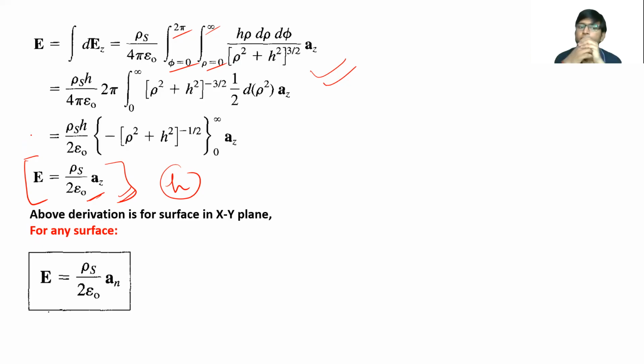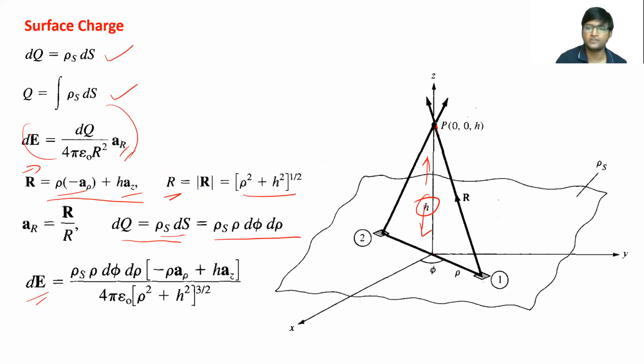Also, it will be in the direction normal to that surface, because what is the normal to this surface which is in the xy plane? It is the z axis, right? So what we found is that for an infinitely large surface charge, the electric field will be constant at all the points above and below this surface, and the direction of the electric field will be normal to this surface.